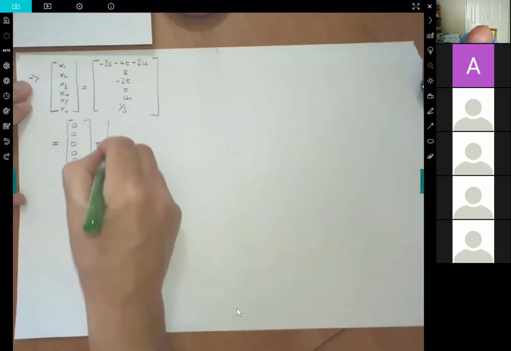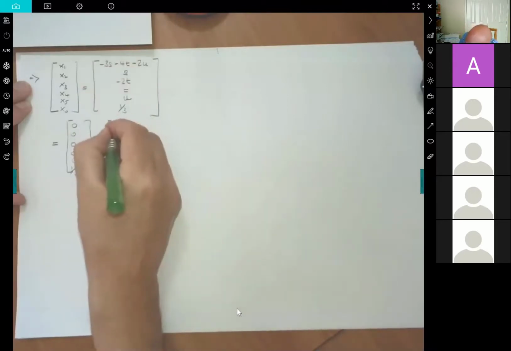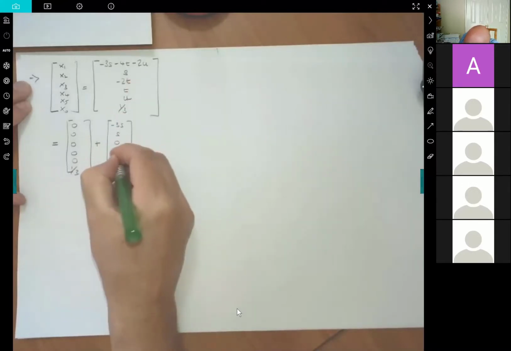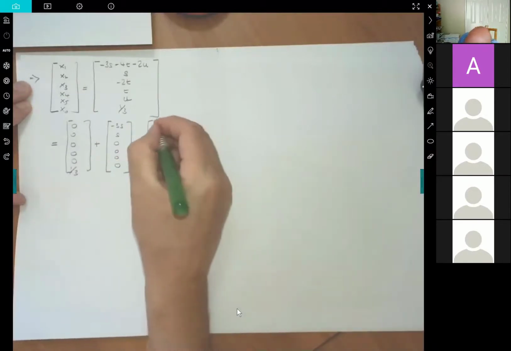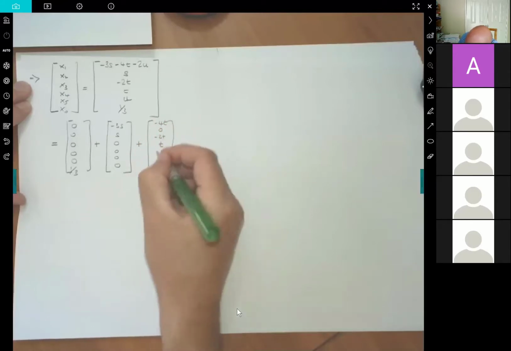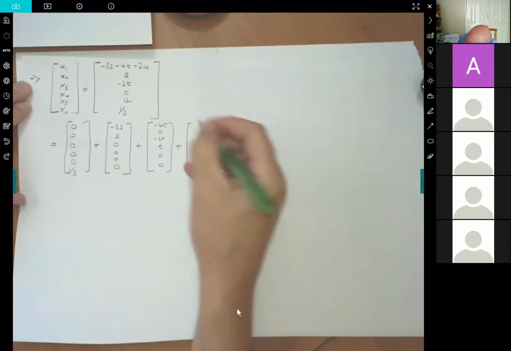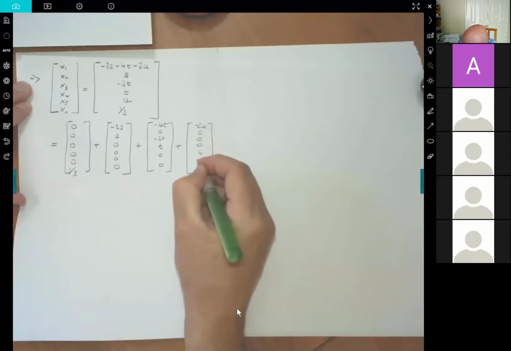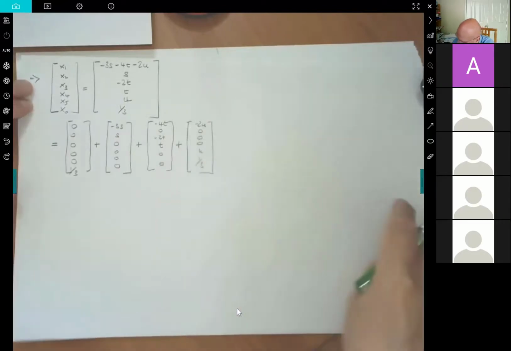Plus everything with s, minus 3s, s, and no more s, plus everything with t, minus 4t, 0, minus 2t, t, 0, 0, plus everything with u, minus 2u, no u, no u, no u, 1u, and no 1/3.